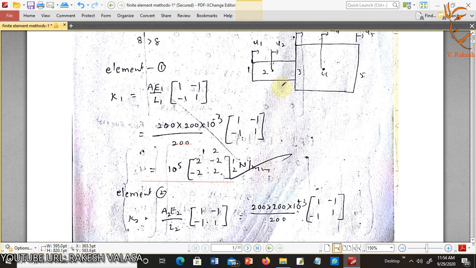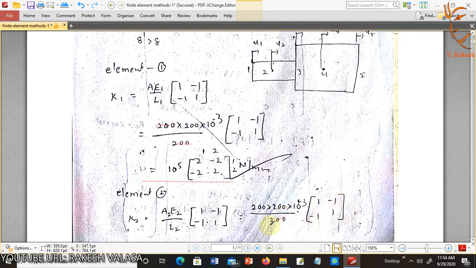Similar to calculate for element 2. K2 equal to A2 E2 by L2 into 1 minus 1 minus 1 1. Now substitute the values here. A2 means 200 mm square, E2 means 200 into 10 power 3 by L2 means length of second element, that is 200. 1 minus 1 minus 1 1.